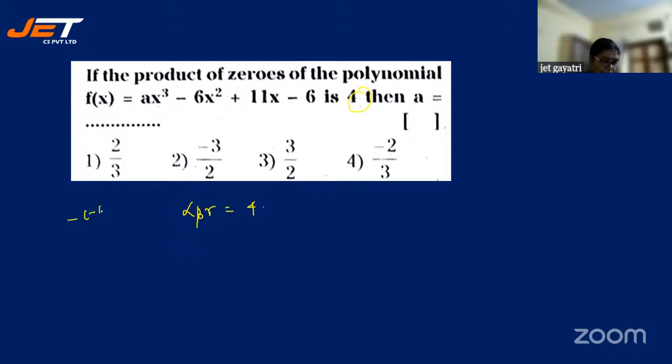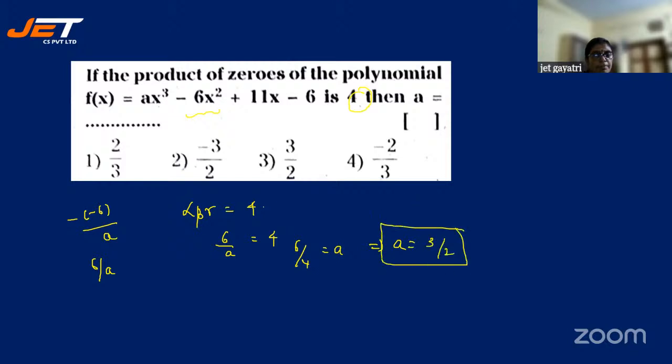It is minus of minus 6 by a, that is minus of coefficient of x square by coefficient of x cube. So it becomes 6 by a. So 6 by a is equal to 4, which means 6 by 4 is equal to a, which implies a is equal to 3 by 2. So your option must be option 3. Let's check for the answer. Yes, it is correct.